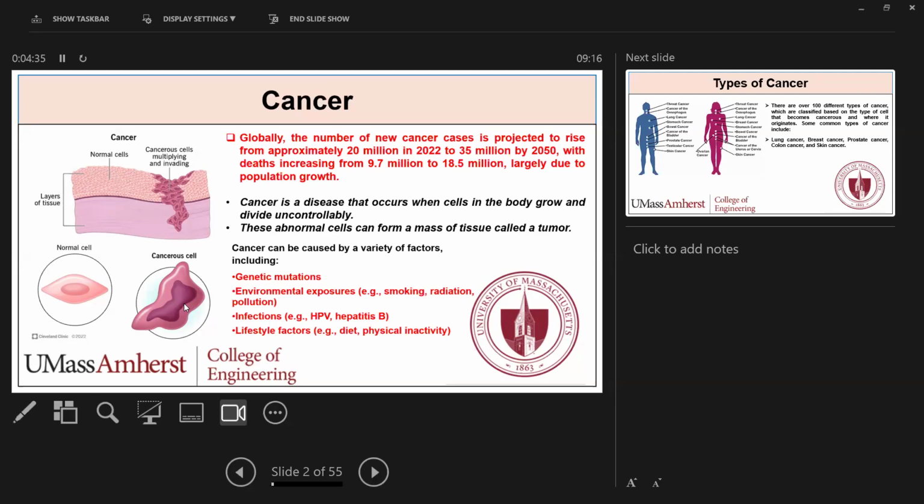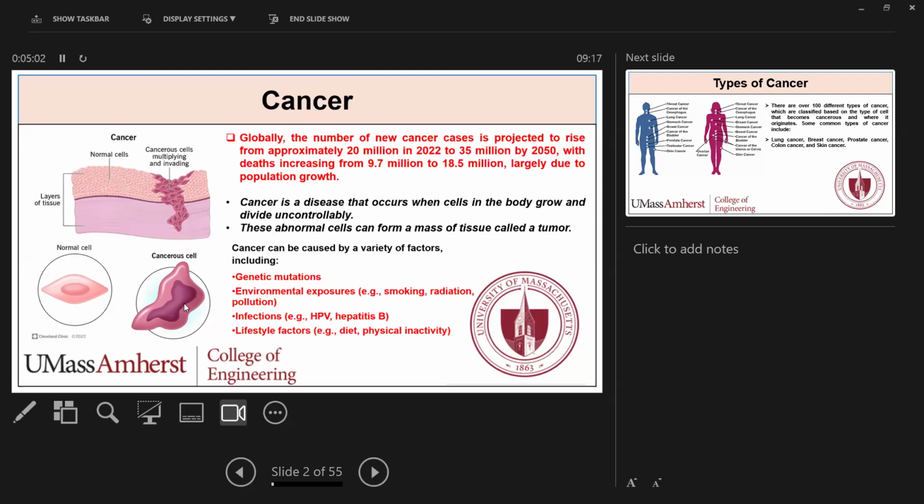It can be due to genetic variations, mutations, environmental exposures like smoking, radiation, pollution. Even passive smokers can get affected by cancer. If I say passive smokers, it's not the one who is actively smoking, but the one who is sitting next to him or her. Even they are prone to get cancer.